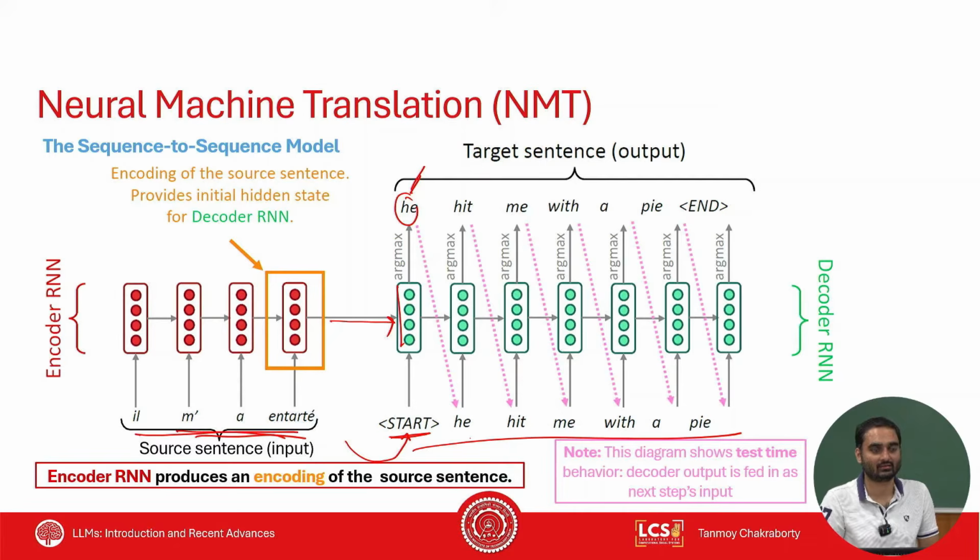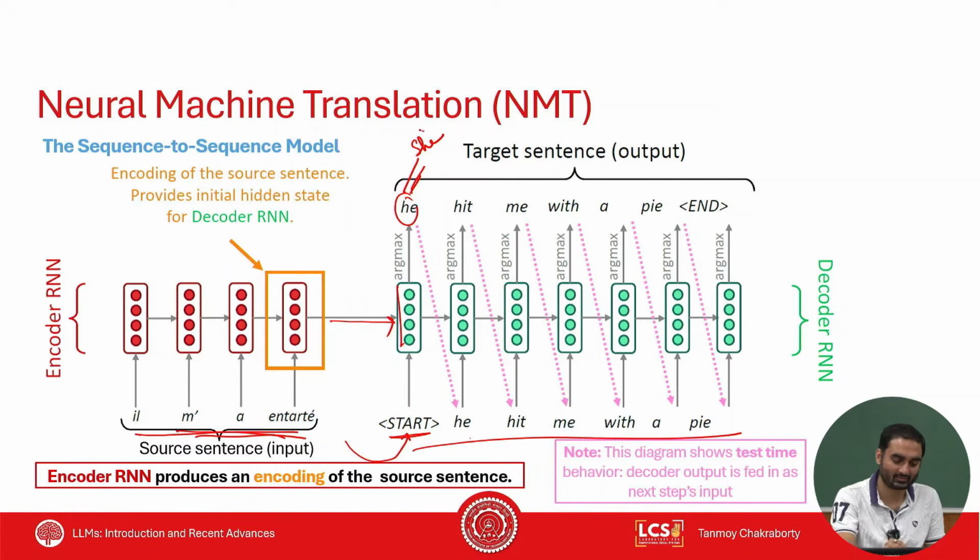Last day I mentioned something called teacher forcing. What is teacher forcing? Let's say here the model generates "C". Ideally I should feed "C", and then I will see what the next word is going to be. This is the normal process. But in teacher forcing, I will feed the actual input.